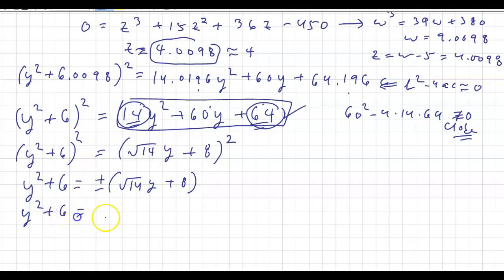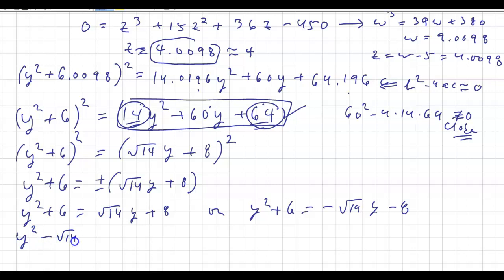Y squared plus 6 equals root 14y plus 8, or y squared plus 6 equals negative root 14y minus 8. If I move everything over to one side, I get y squared minus root 14y minus 2 equals 0. And over here I'd get y squared plus root 14y plus 14 equals 0.